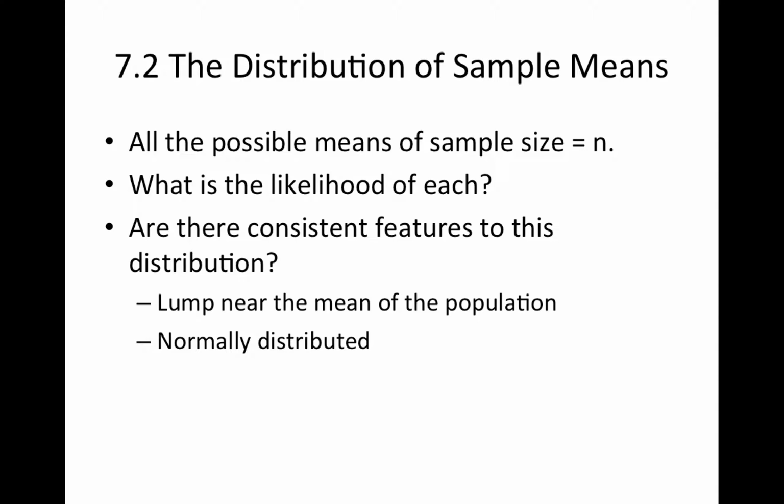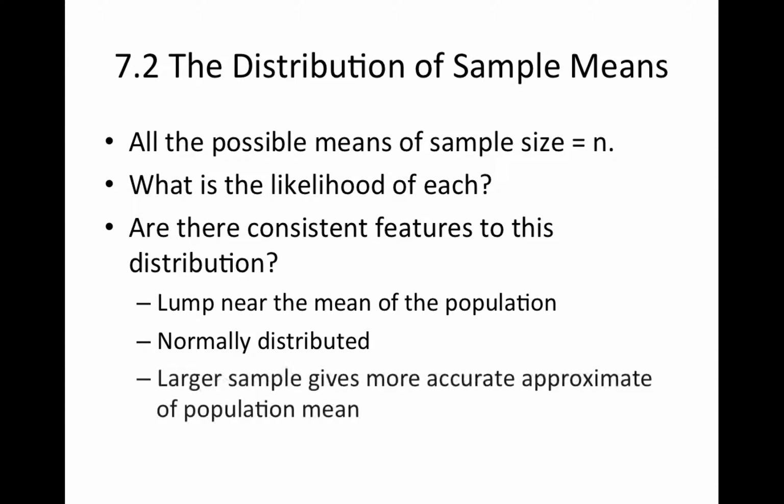As long as certain criteria are fulfilled. We'll discuss that in a bit. But on a general scale, the larger sample you take, the more accurate an approximation you're going to have of the population mean. And again, that's sometimes referred to as the central limit theorem, the law of large numbers.